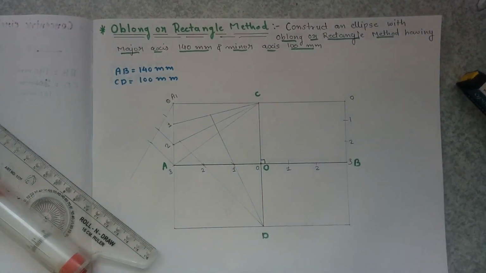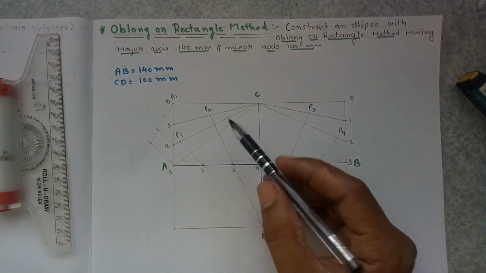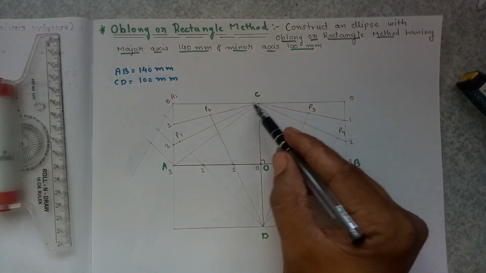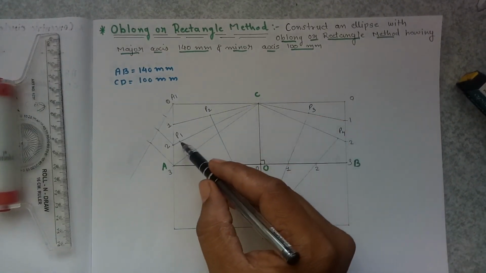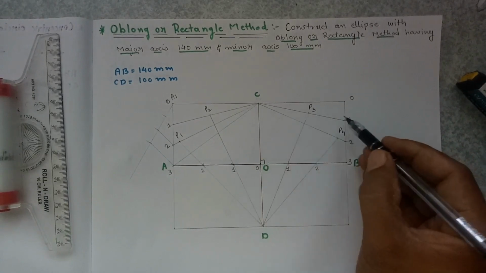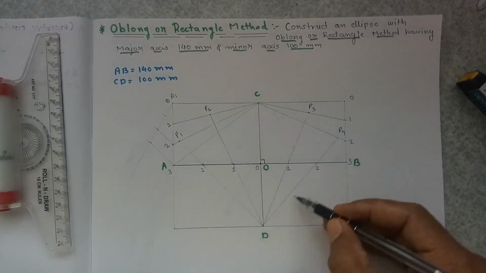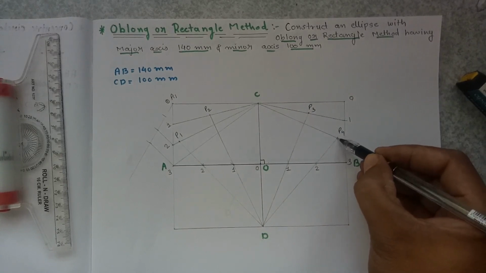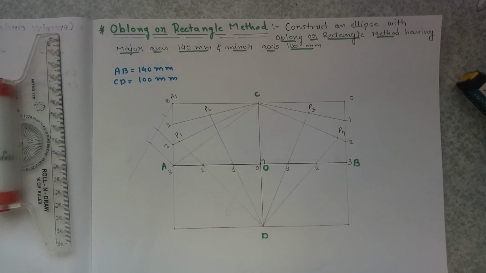Same over here. So now mark the intersection point of D1 to C1 as P2, D2 C2 as P1. Over here D1 C1 intersection point is P3, C2 D2 intersection point is P4. Now draw the freehand curve passing through these points, which will be an ellipse.